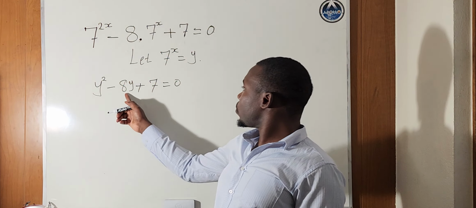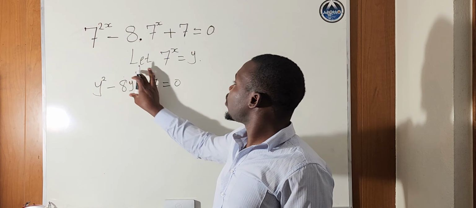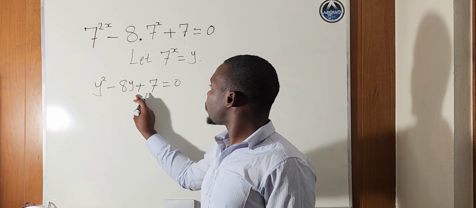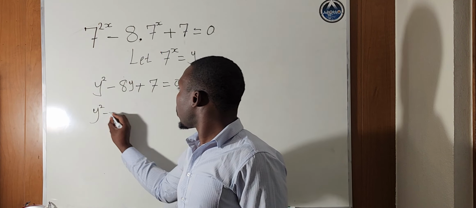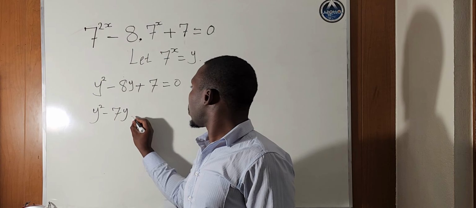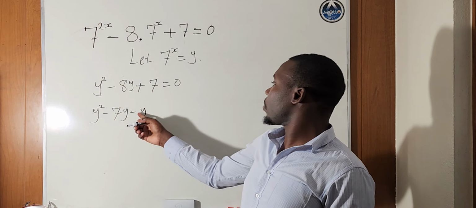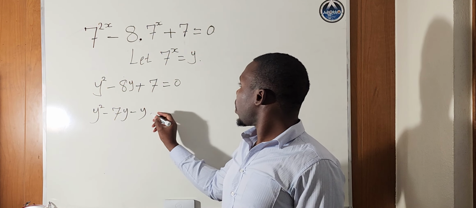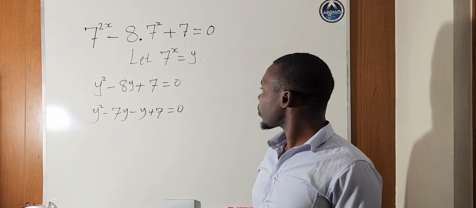So if we substitute those two numbers here, only the middle term will be split. So we'll get y squared minus 7y minus y, so that's like minus 1, plus 7 equals 0.